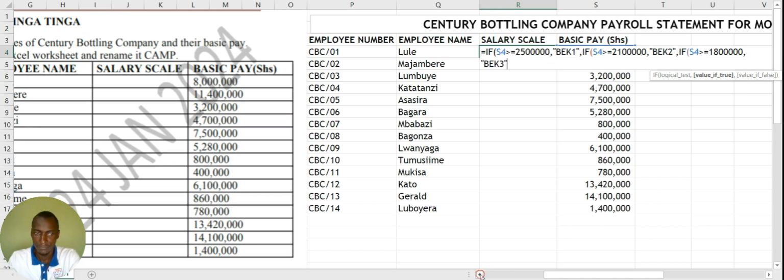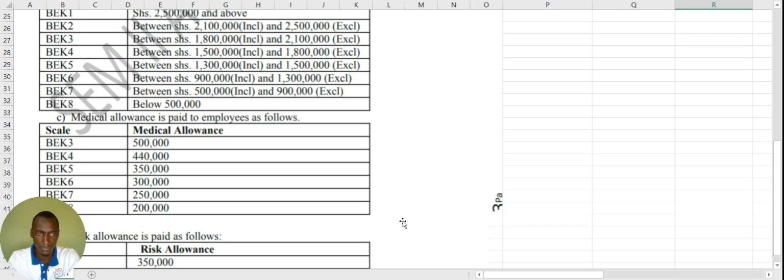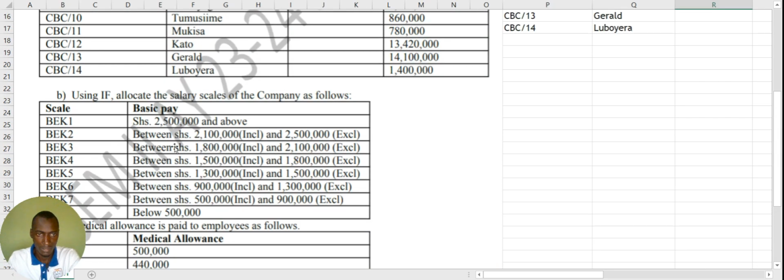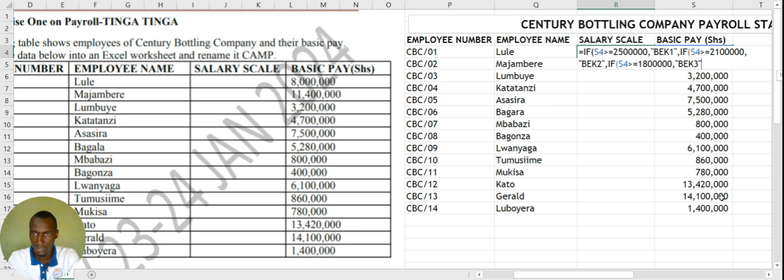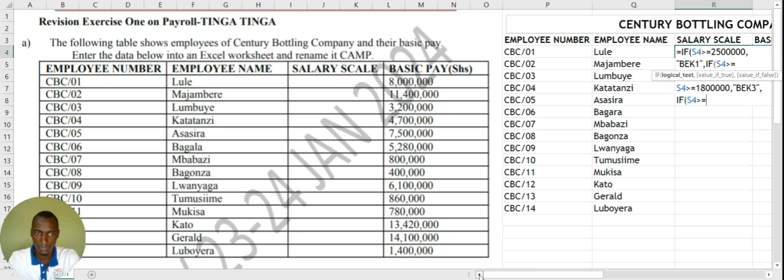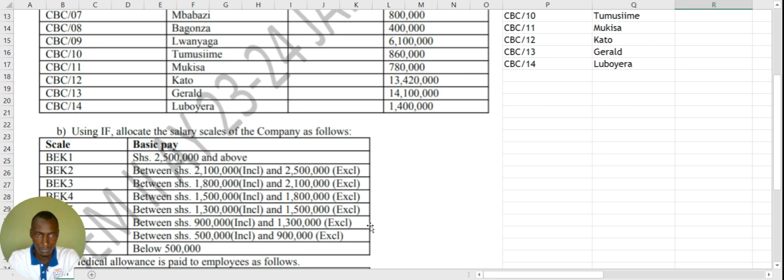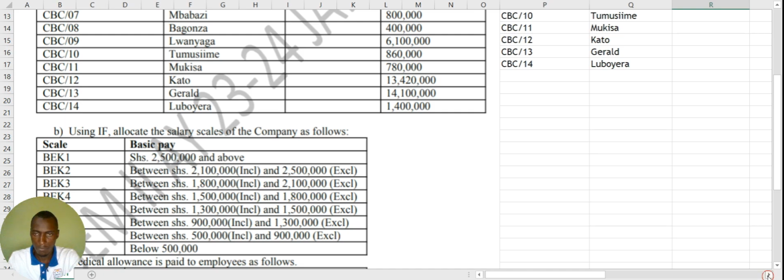Just to confirm, BAK3 is 1.8. Is it what I have used? Yes. Then okay, comma, then if our S4 for the basic pay is greater than or equal to 1.5, that will be BAK4.